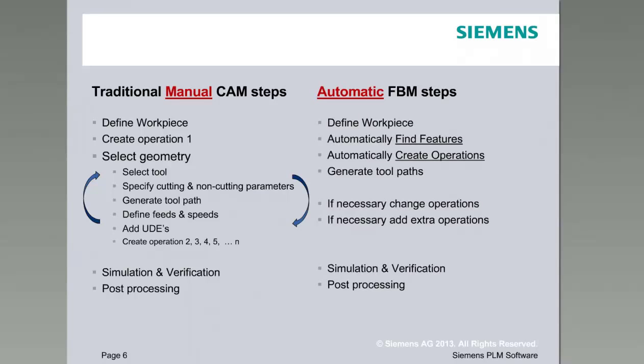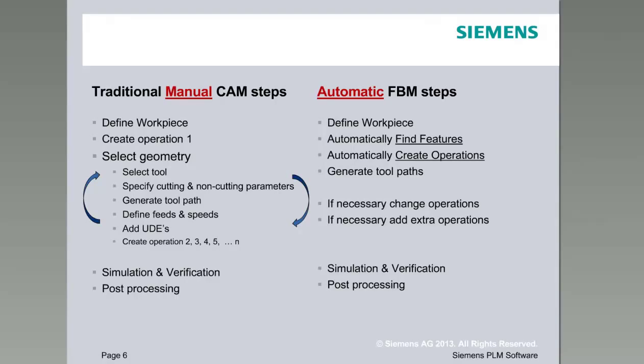Compare that to feature-based manufacturing. The steps are not all that different. You still start with defining your workpiece, your setup, but then instead of manually defining your operations, you perform 2 steps. You automatically find your features, and you let the software automatically suggest your operations.